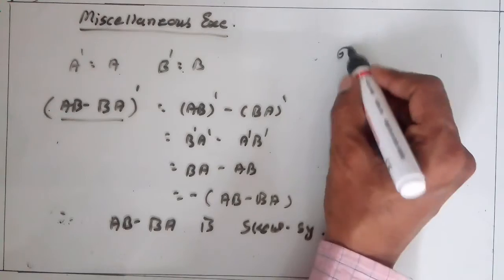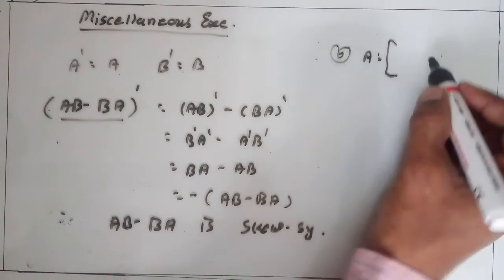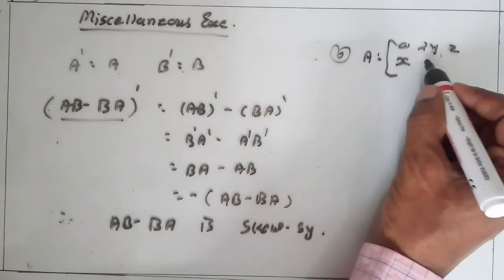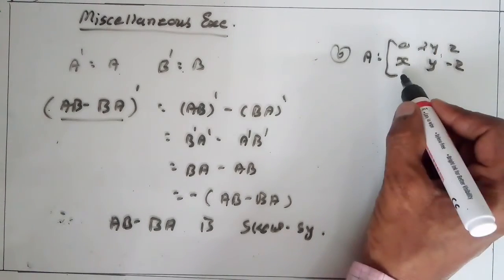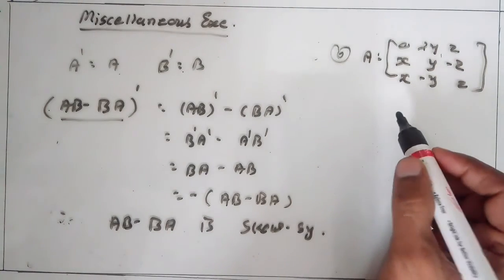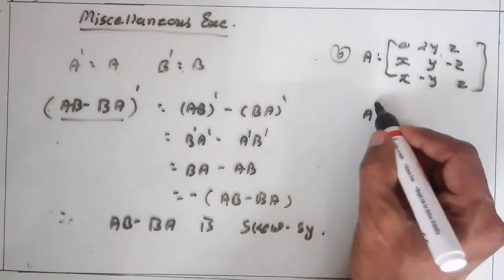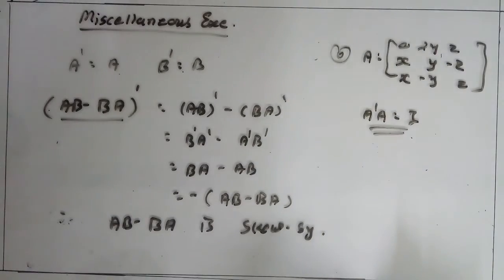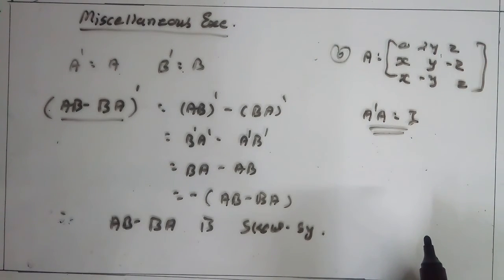For the matrix A with rows 0, 2y, z and x, y, minus z and x, minus y, z, satisfy A dash into A is equal to I. Prove that A satisfies this condition, A dash into A is equal to I. You know how to prove this. Try yourself.